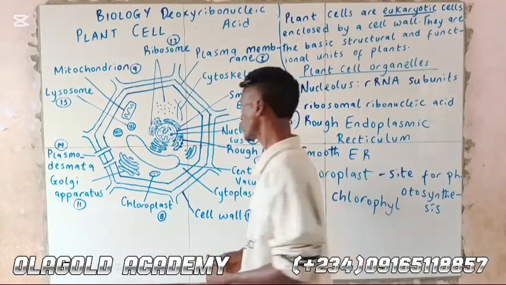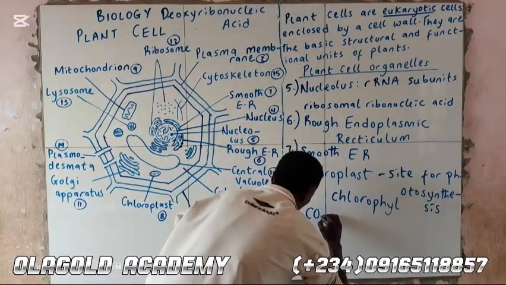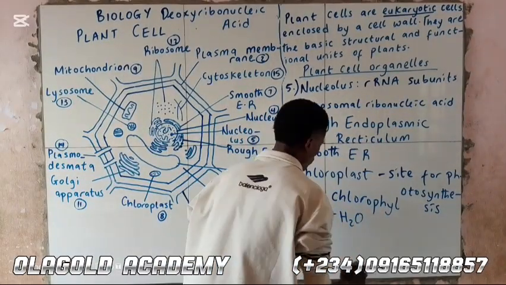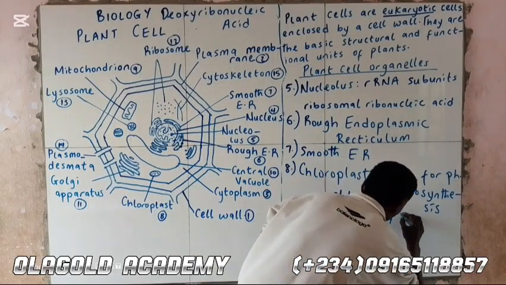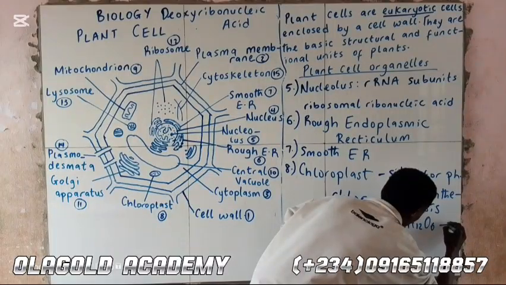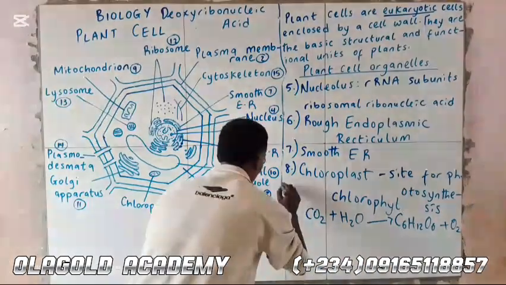Photosynthesis. When we have carbon dioxide plus water to form glucose, C6H12O6, plus oxygen.